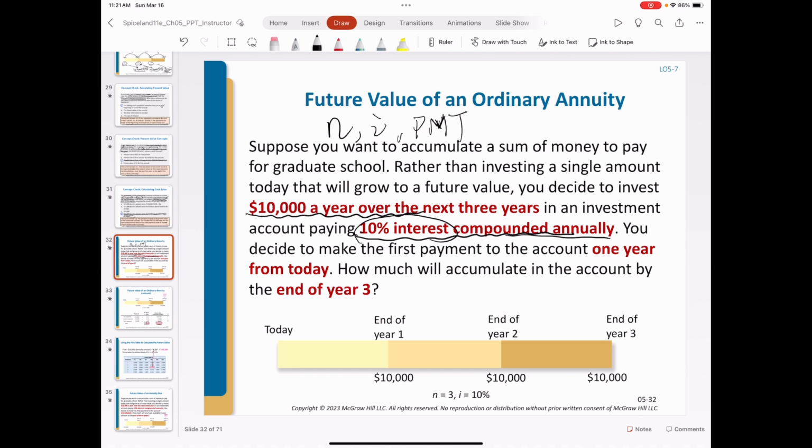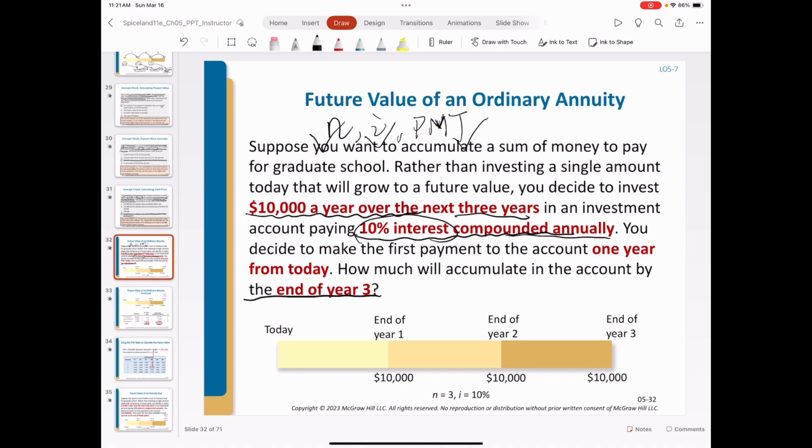Because interest was compounded annually, the 3 years is the number of periods. Interest rate is 10%, and payment is $10,000. We are asked to calculate the value at the end of year 3.